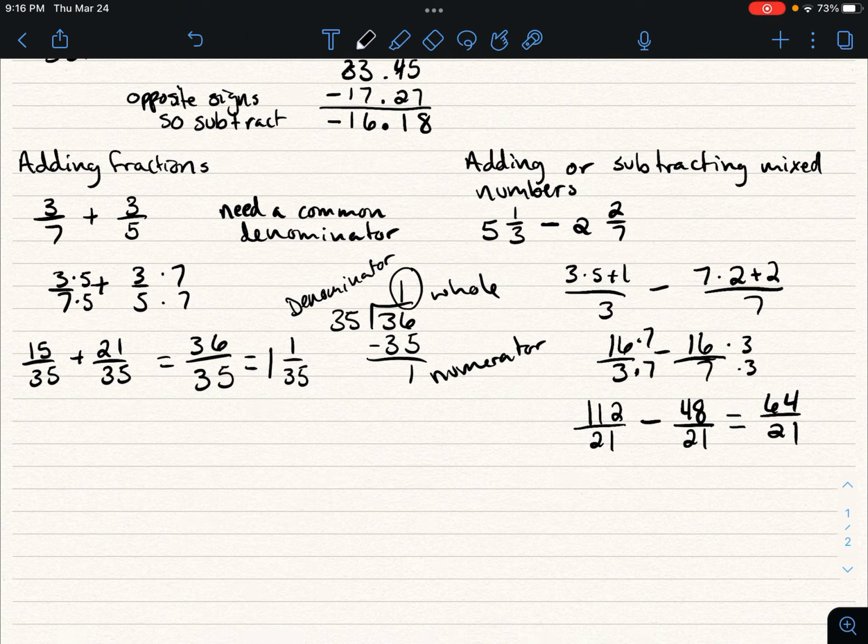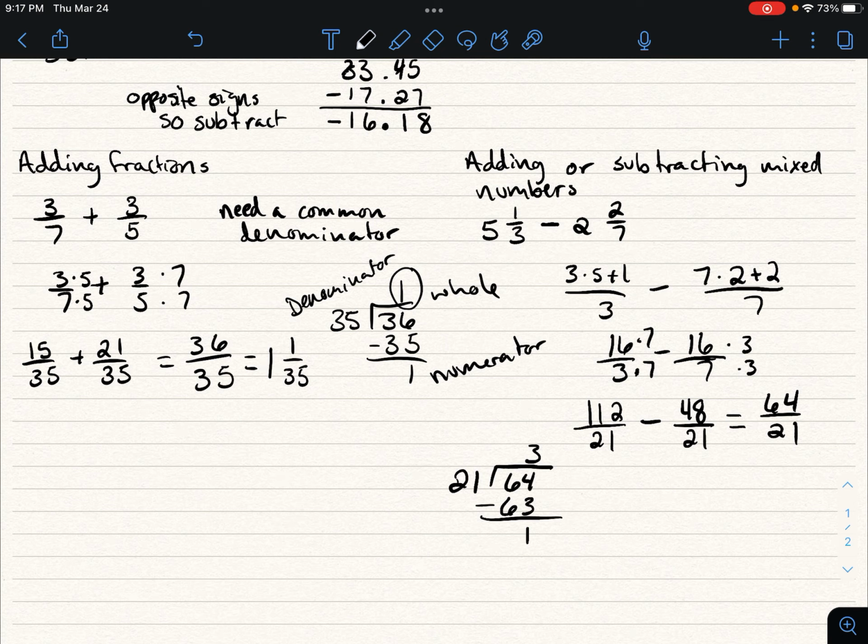over 21. Okay, once again, it's an improper fraction, so we're going to set it up. 21 can go into 64. Can it go in 3 times? It can go in 3 times. 3 times 21 is going to give us 63. Our remainder is 1.